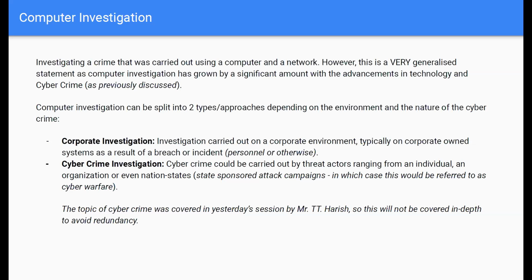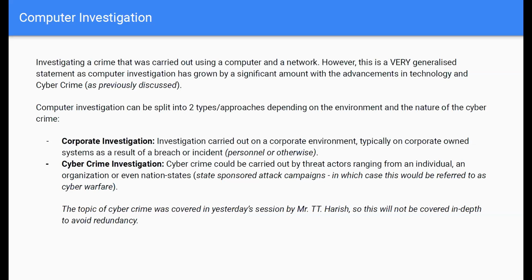So organizations try to avoid that, but larger organizations like Microsoft and Google may or may not, depending on the severity of the crime. And then the second type is cybercrime investigation, which is the more common type of investigation that you would normally hear about, where law enforcement of each country sets up an investigation team who are investigating a cybercrime that is happening or has happened and has been reported.